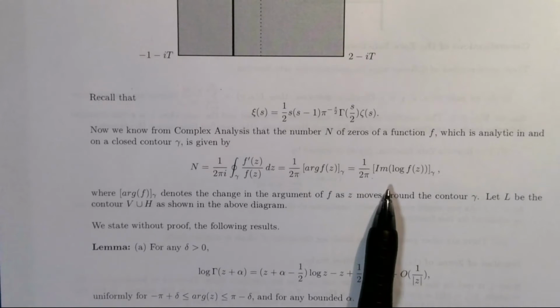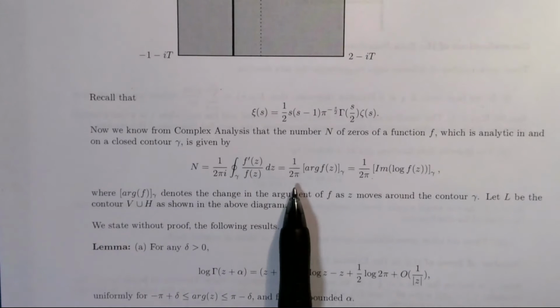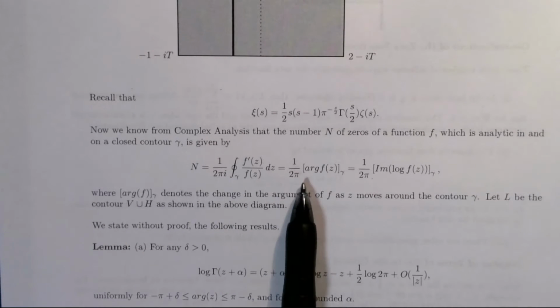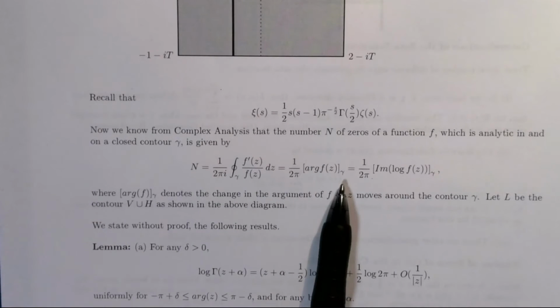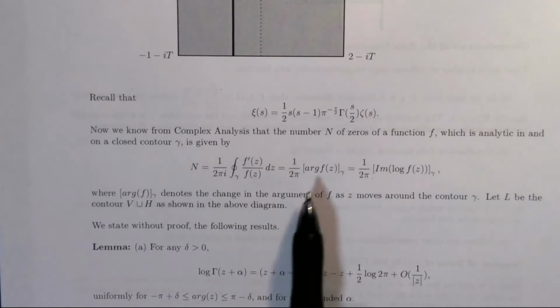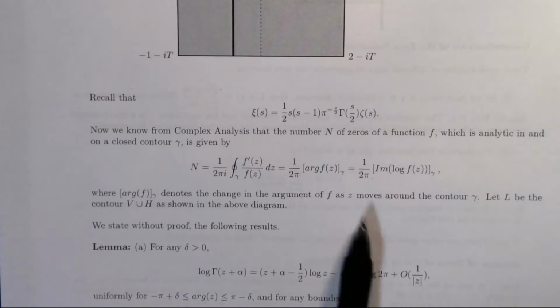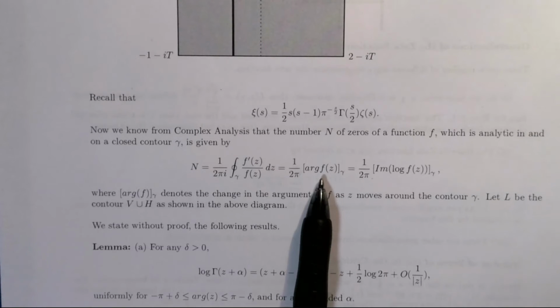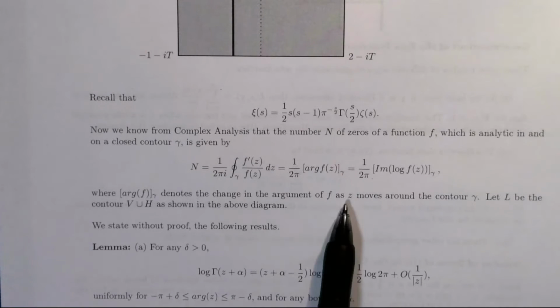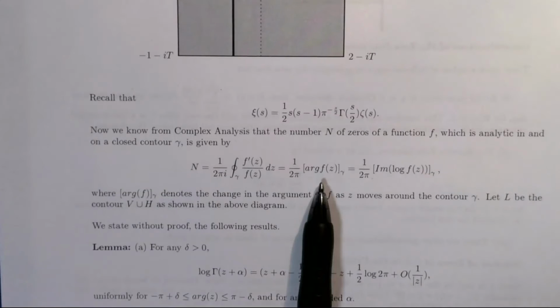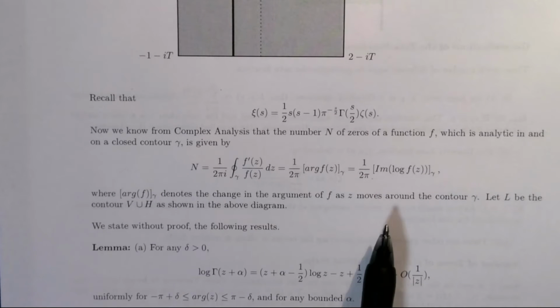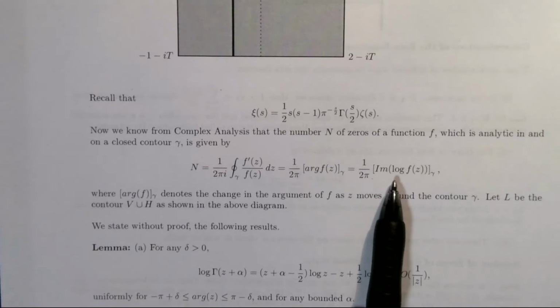And also from complex analysis you can write this in various different ways. You can show that this is equal to 1 over 2 pi times, and this square brackets little gamma notation means the change in the argument of f of z as z moves around the contour gamma. This is also equal to 1 over 2 pi times the imaginary part of the log of f of z, as you move around the contour gamma.